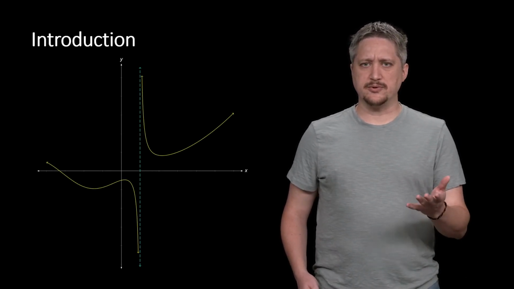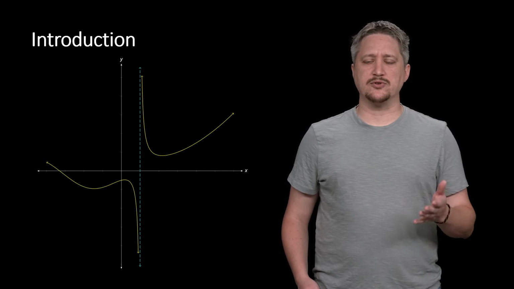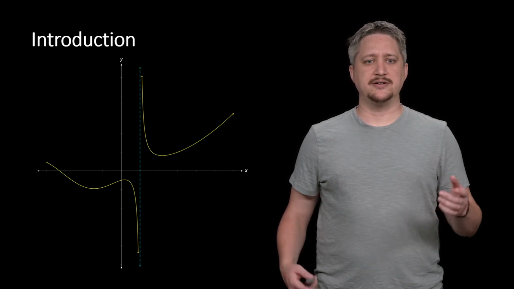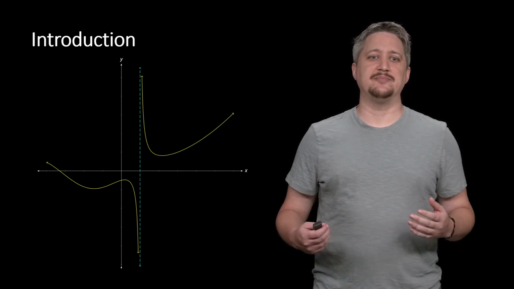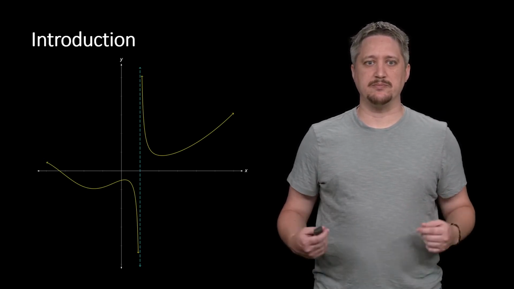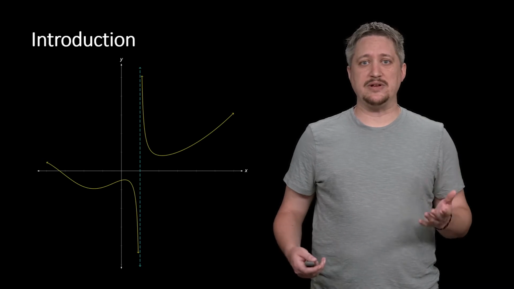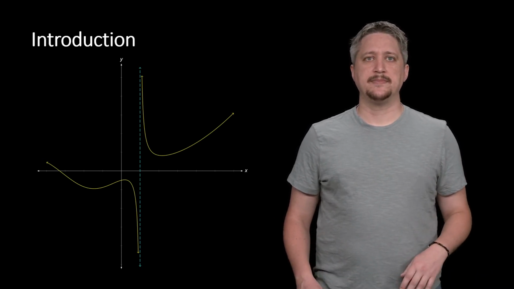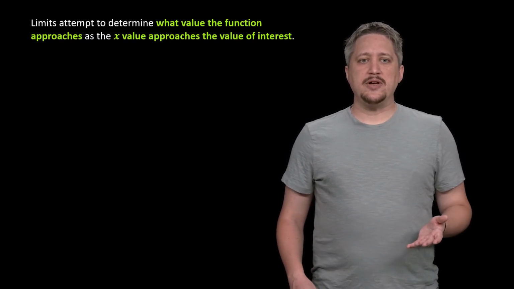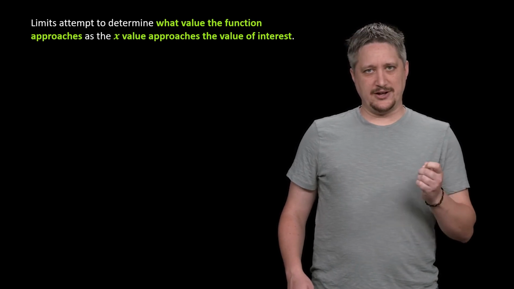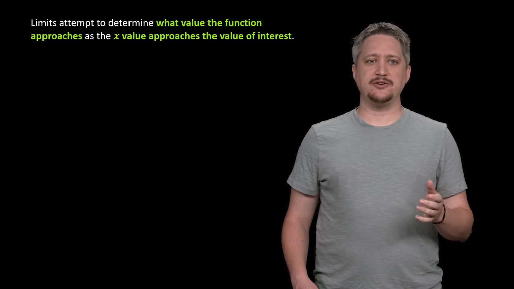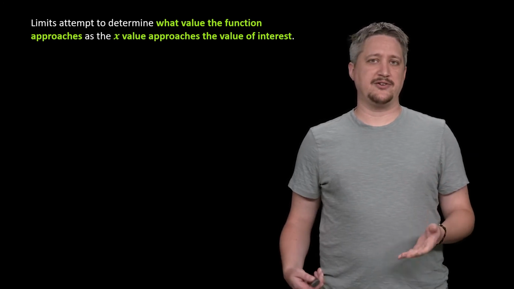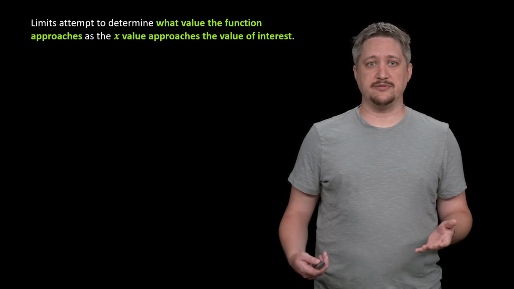So just as a quick reminder, vertical asymptotes, you've seen these in pre-calculus. It's these vertical lines where our curves go off in sort of crazy directions. Sometimes they go in opposite directions, sometimes the same direction, but they shoot up or down to infinitely large values. So if we want to figure out how to use limits here, we have to remember that limits attempt to determine what the value of the function approaches as our x value approaches whatever the value of interest is.